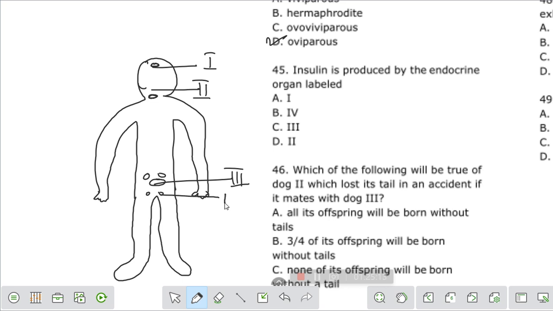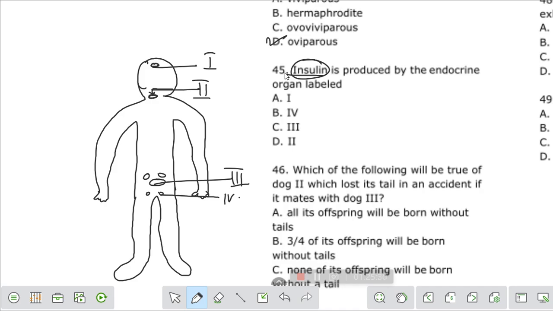So which of the following will be true of the dog 2 which lost its tail? There's no diagram here too.